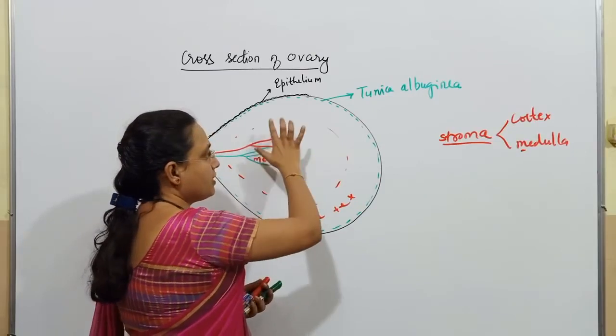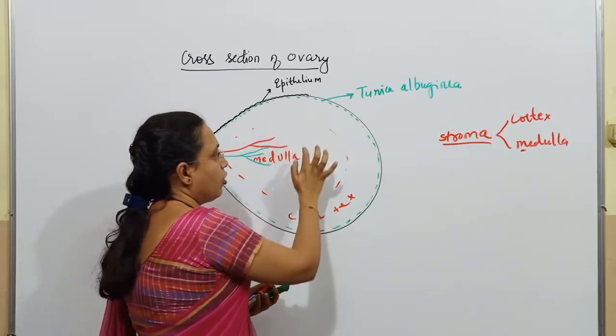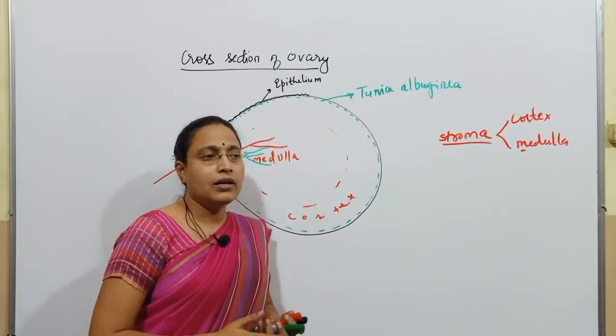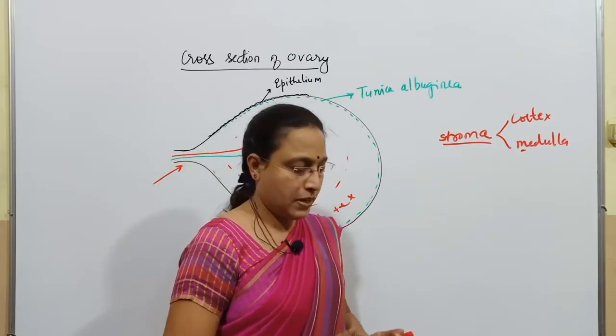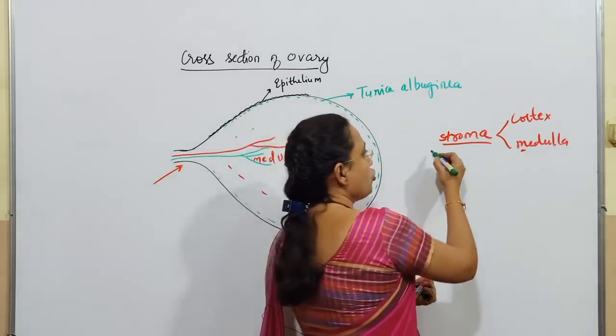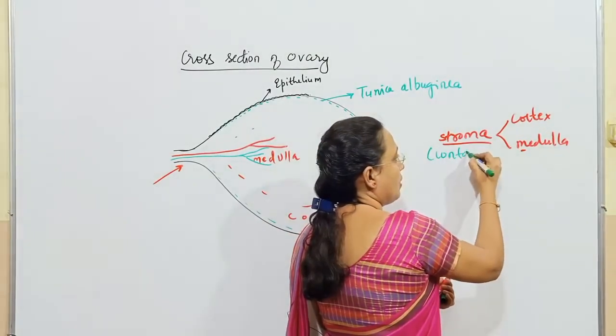Now what kind of cells will be present in the cortex and medulla? Tightly packed cells called stromal cells will be present. Therefore, the stroma contains stromal cells.